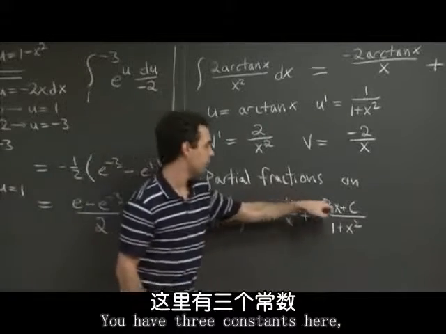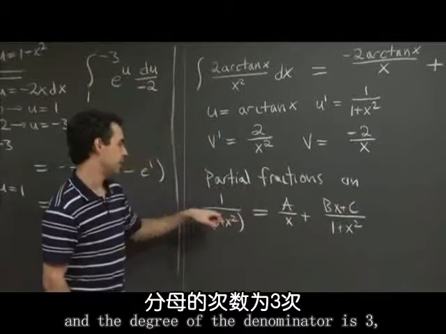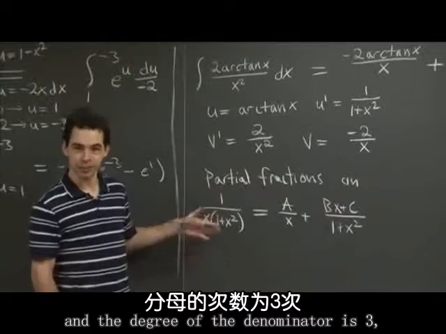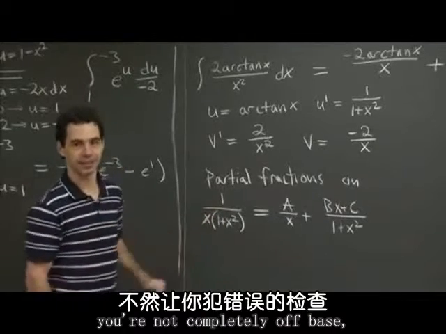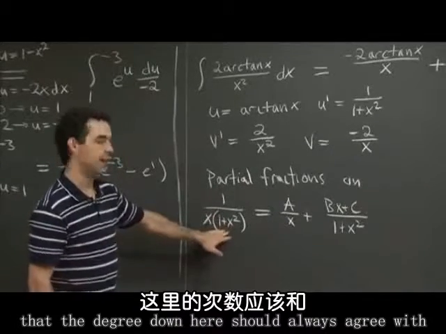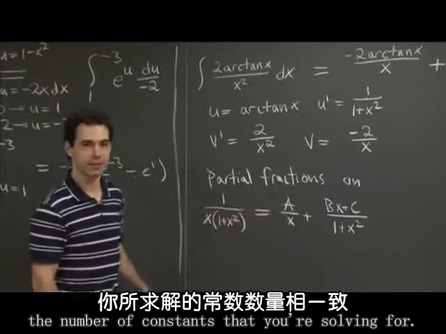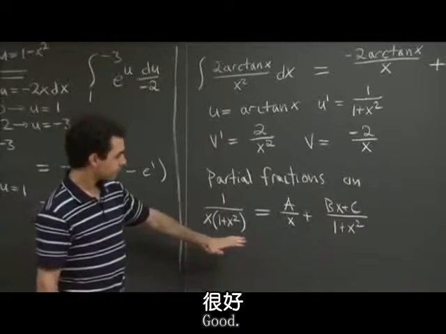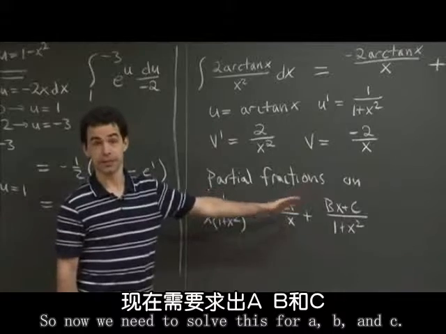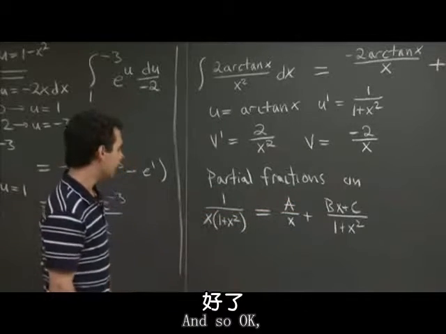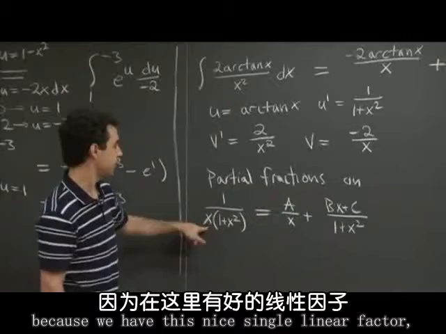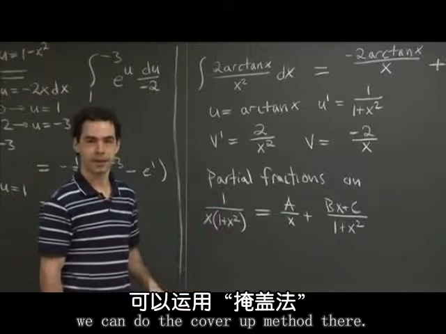Then you can always check. You have three constants here, and the degree of the denominator is 3. So that's one way of checking that you're not completely off base. The degree down here should always agree with the number of constants that you're solving for. Okay, good. So now we need to solve this for A, B, and C. Because we have this nice single linear factor, we can do the cover-up method there.